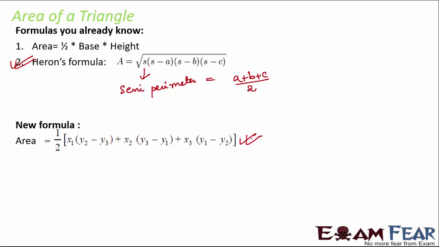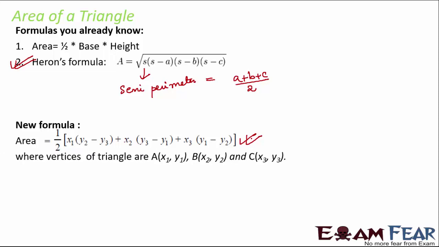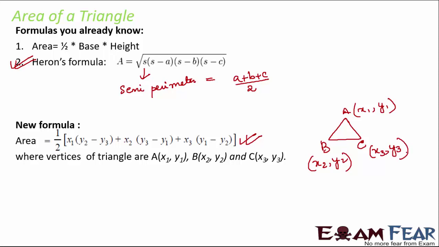If we have a triangle ABC where the coordinates of A are (x1, y1), of B are (x2, y2), and of C are (x3, y3), this is how we calculate the area of the triangle in terms of coordinates.